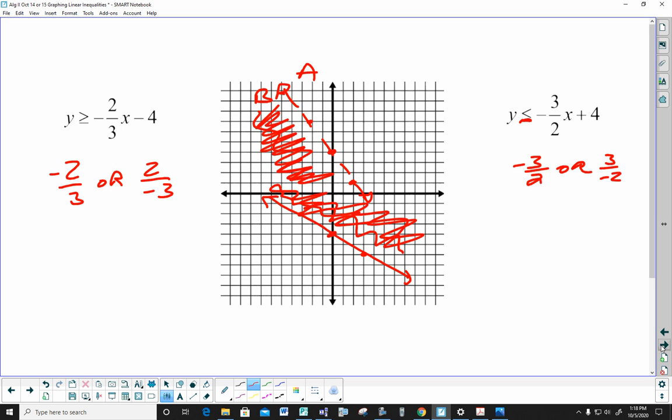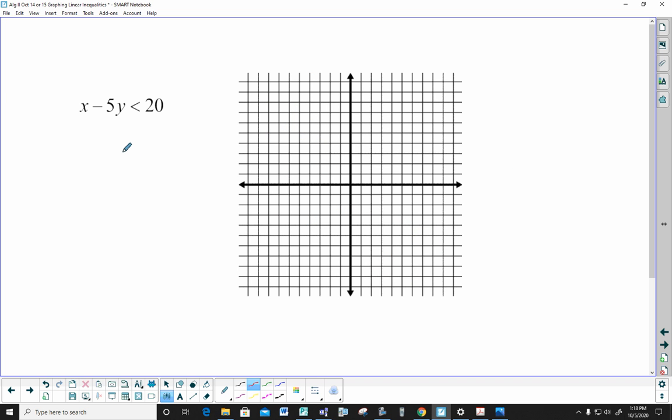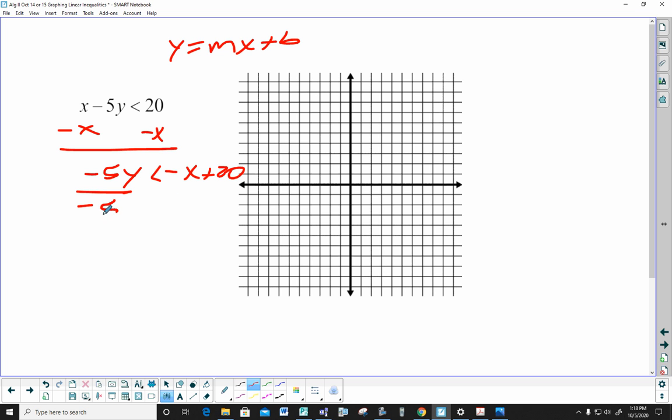All right. If they give it to you not in slope-intercept form, well, make it in slope-intercept form. Subtract the x. -5y is less than -x plus 20. Divide by -5, and remember when you do that you have to switch the direction of the inequality.